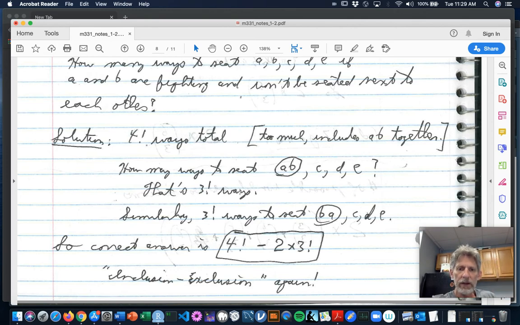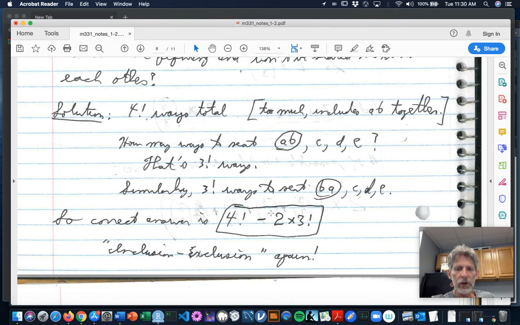But not all the ways, because in this way, B is to A's left, but it's also possible that they could have been joined where B was to A's right. But again, that's 3 factorial ways. So the total number of wrong ways is 2 times 3 factorial, and that needs to be subtracted out of the total number of no-restriction ways.